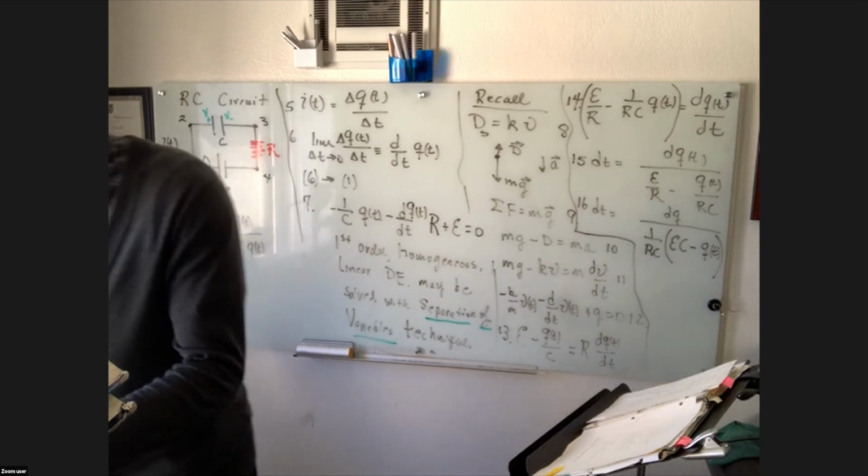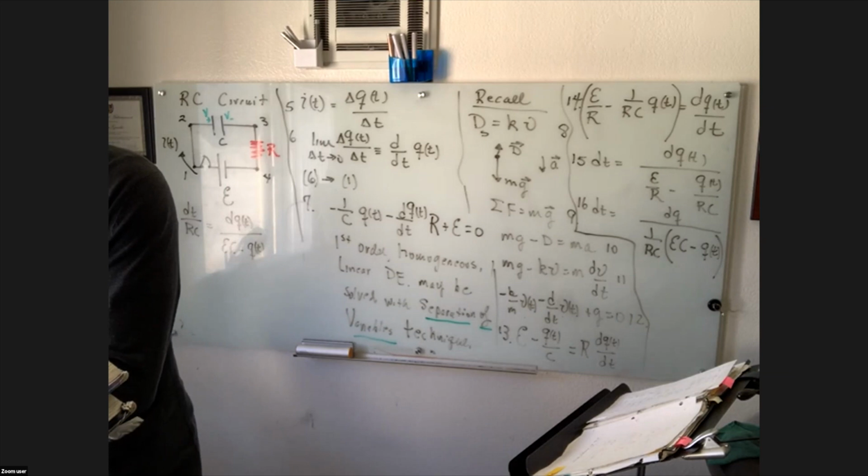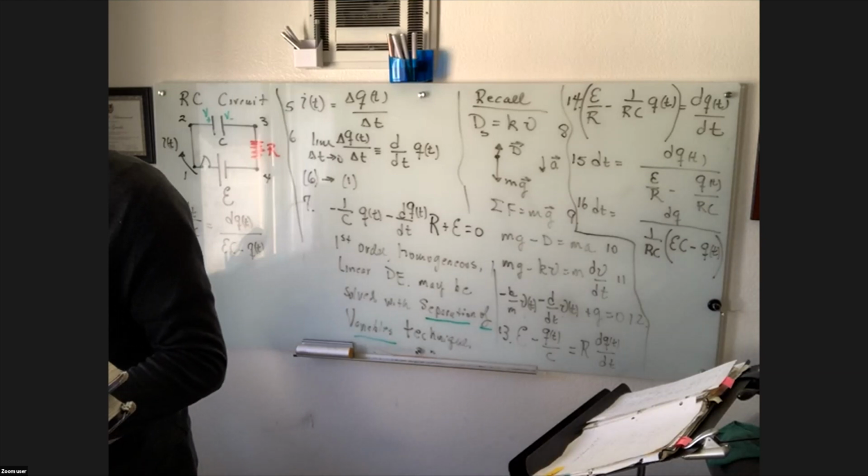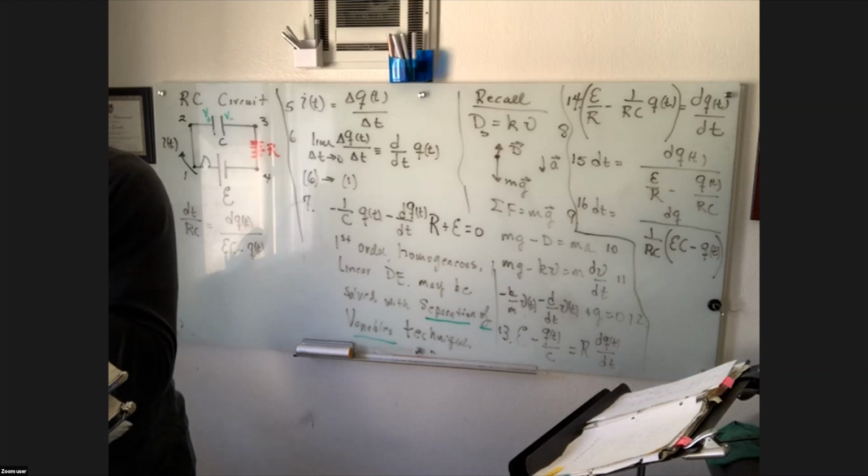But we define a time constant as RC. Actually, your book doesn't even do that. They just keep it as RC. Oh, the time constant, the capacitive time constant.